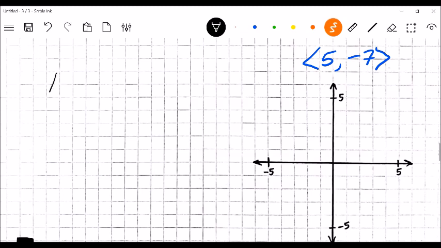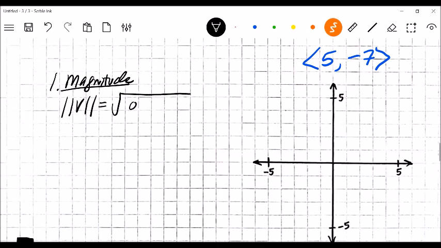Now, let's do the magnitude. And the magnitude will be shown with that symbol, double absolute value bars. And it's the square root of 0 minus 5 squared, we're using 0, 0 origin, plus 0 minus the -7 squared.